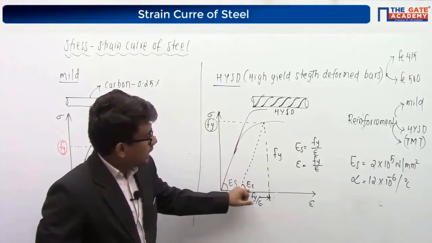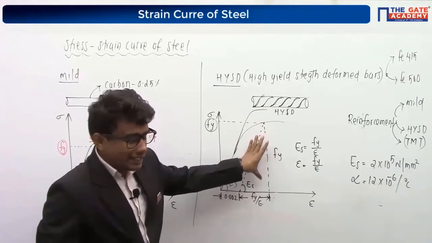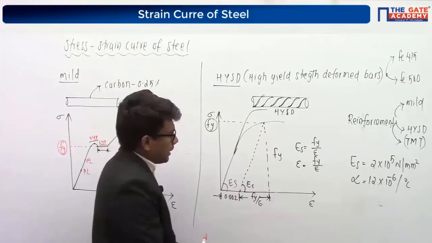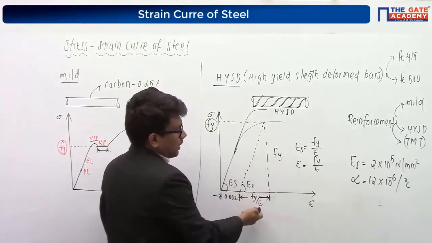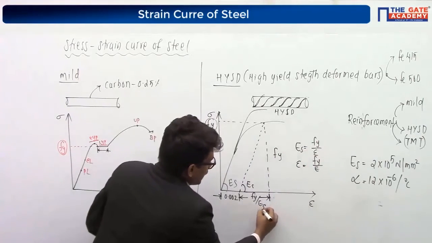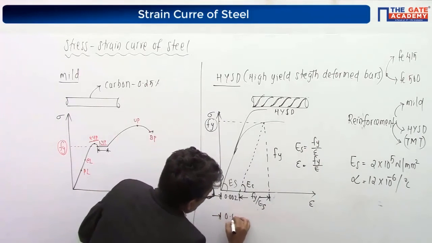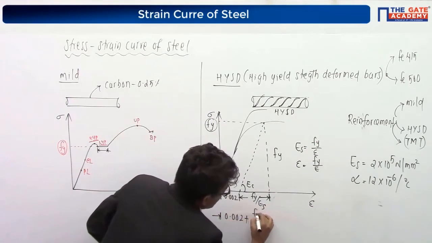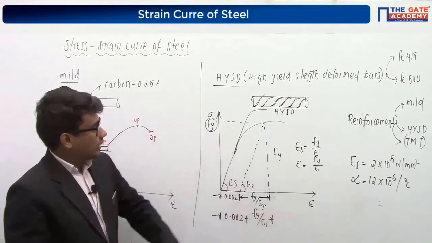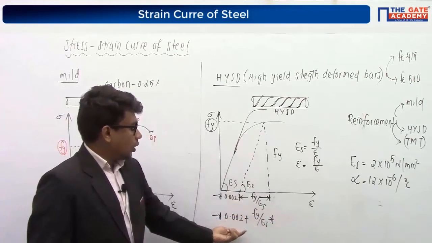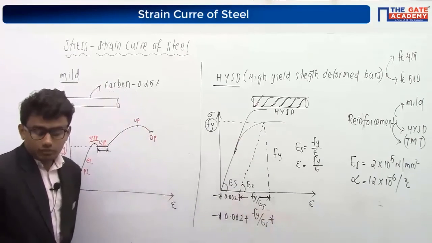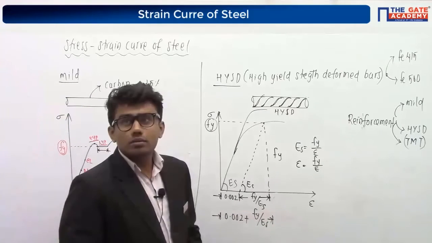This is Es, and this is Fy, that is, the yield strength. If I want to calculate this portion, use just the basic concept. Es will be equal to Fy divided by this strain value, so the strain value will be equal to Fy divided by Es. That is, the total strain corresponding to our yield strength will be equal to 0.002 plus Fy divided by Es. Please note it down.